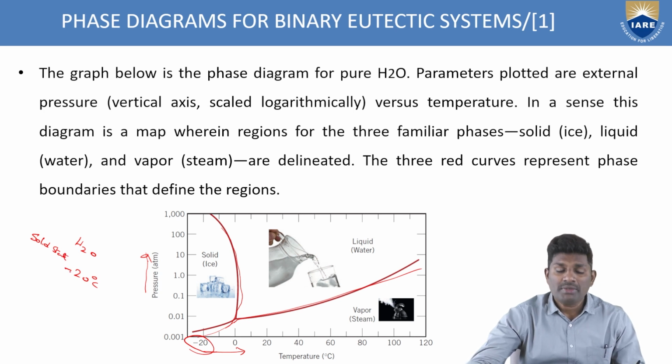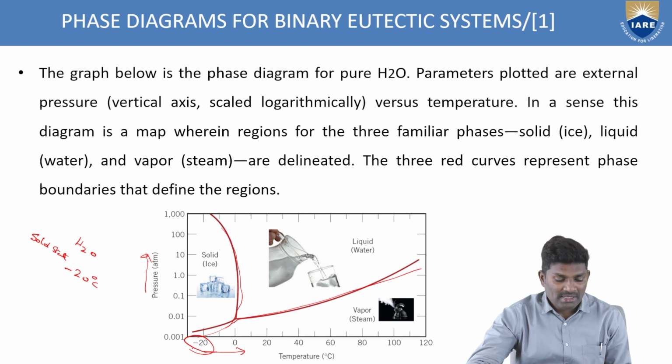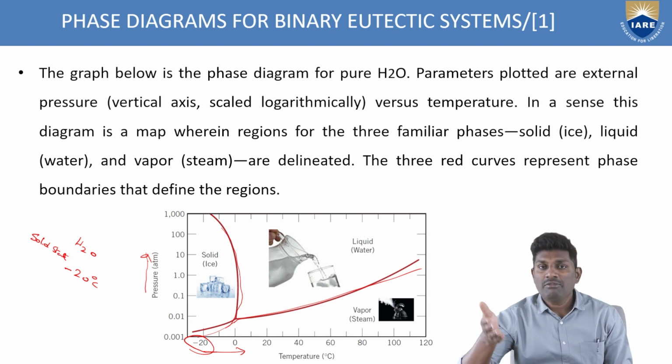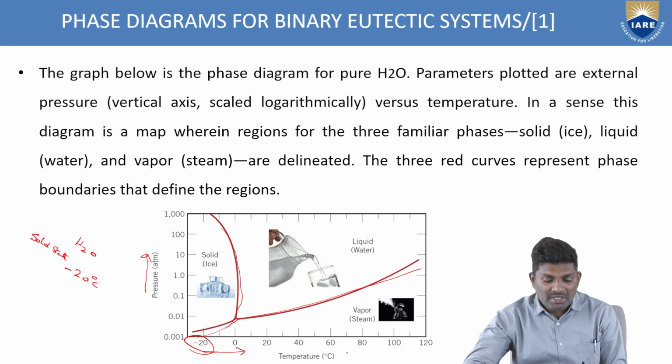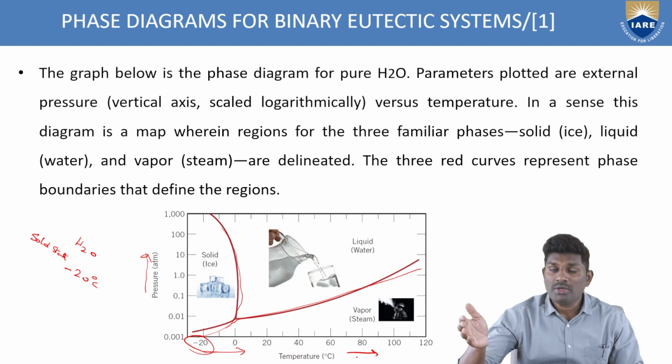Now, we are slowly increasing the temperature. If you see here, there is a rise in temperature along the x-axis, from minus 20 to 0, 0 to 20, 40, like that, up to 120 degrees centigrade.